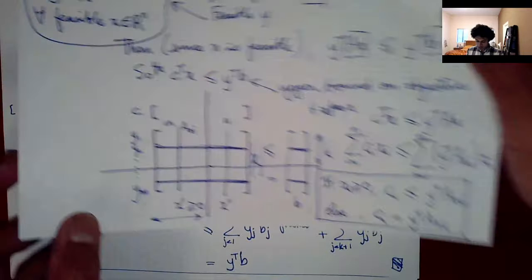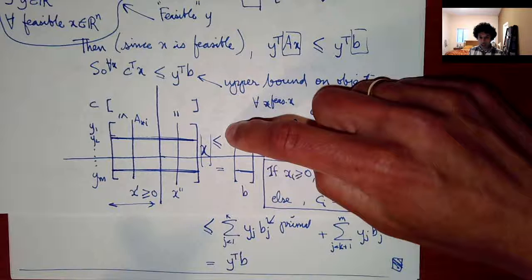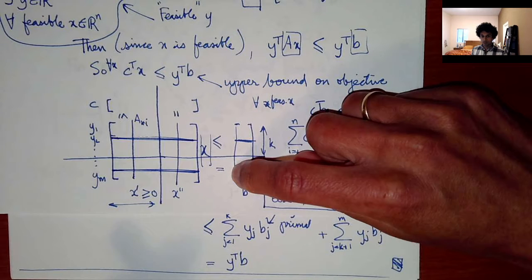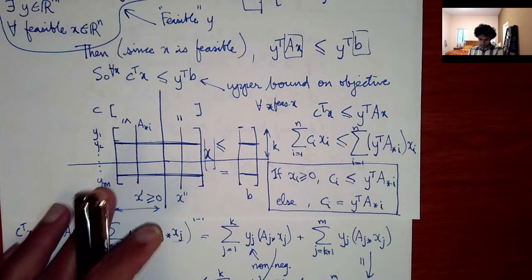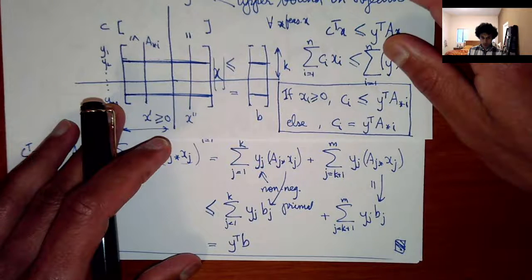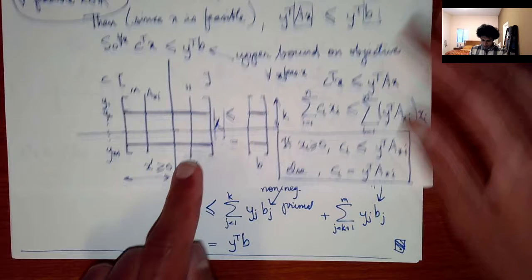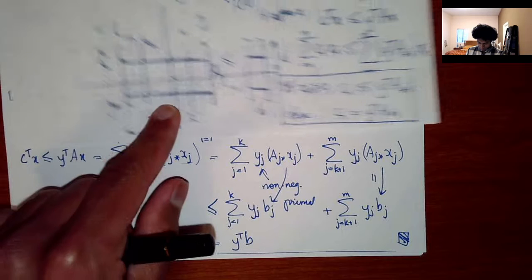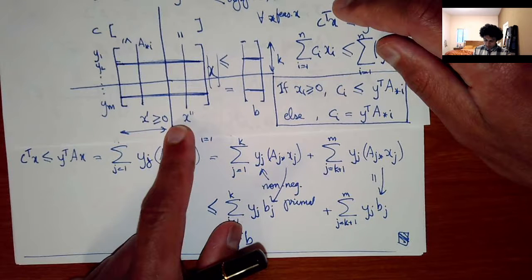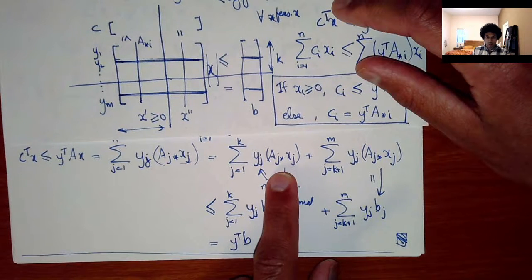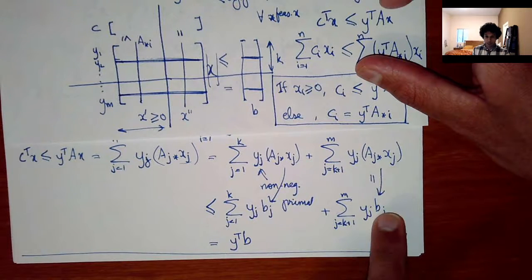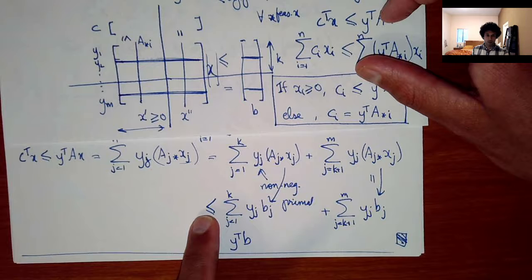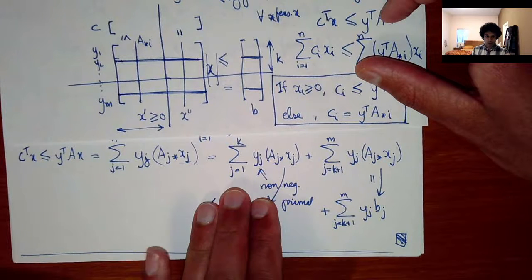Now the primal constraints are of two kinds. There are inequalities and equalities. And so what I've done is I have split this out into the inequality constraints and the equality constraints. And I'm treating them separately because I want to do an upper bound. If I didn't have this part, then it's just equal.